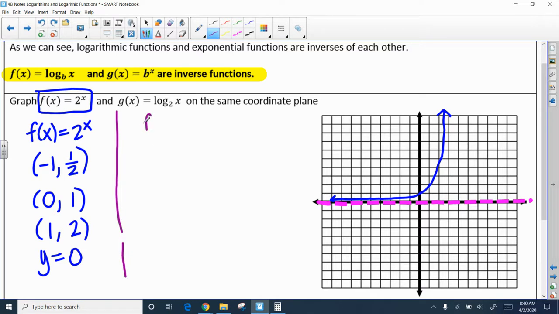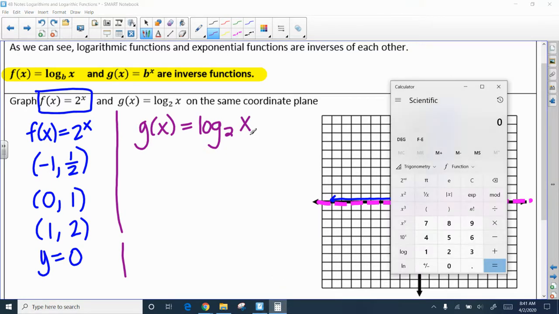Get our logarithmic function, g of x. Rather than trying to plug in numbers for this, g of x equals log base 2 of x, rather than picking -1, 0, and 1 and trying to plug those in, I would have a problem because we might remember we can't actually plug in a negative.